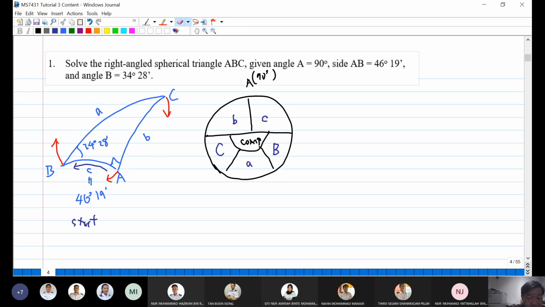So I have the angle B, I know. Angle B is actually 34 degrees 28 minutes. And side c is 46 degrees 90 minutes.